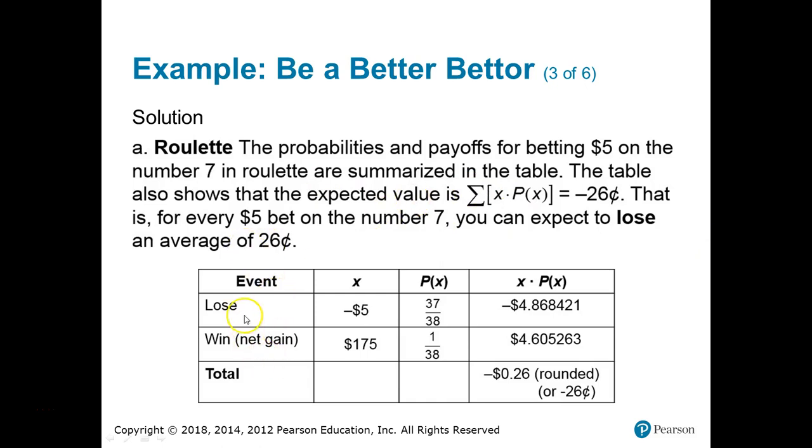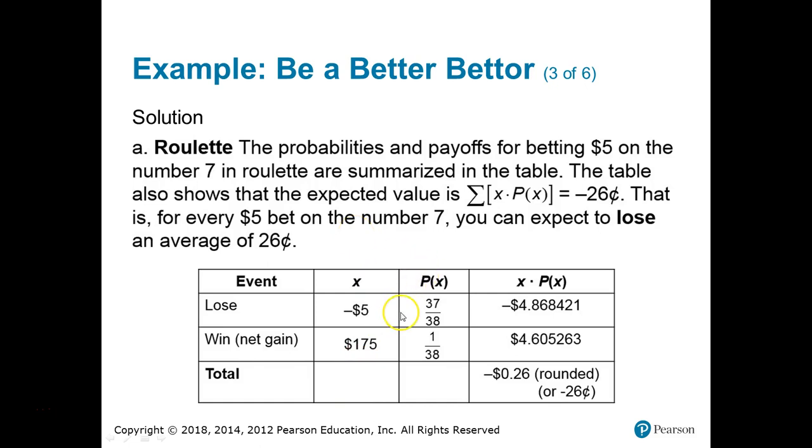Okay, so we have two events, either losing or winning. And when we win, we talk about net gain. We don't talk about the $5 that you bet originally. So if you lose, the net outcome is going to be negative $5. If you win, the outcome is going to be you win $175.